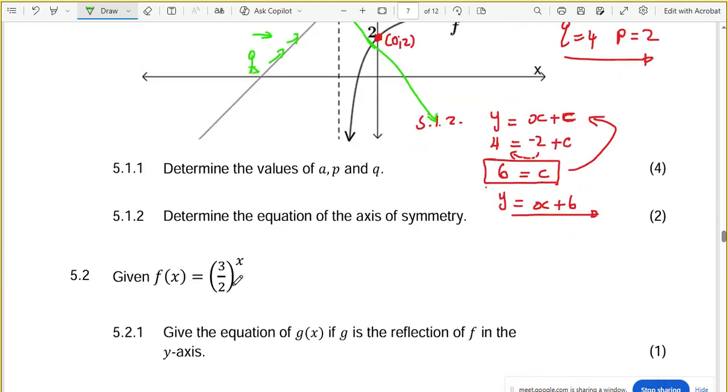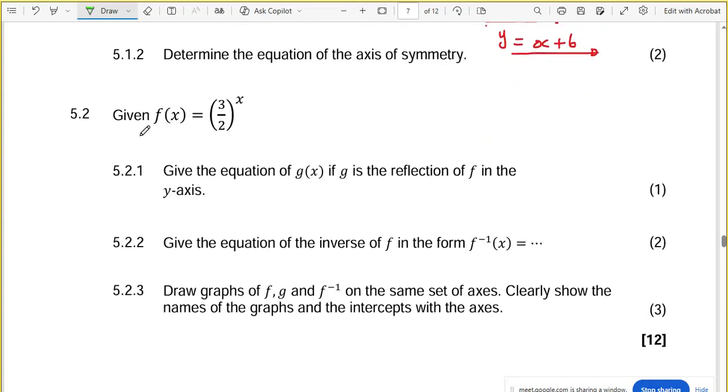Yes. Okay, so now this is a different question. 5.2, let's say we are given f at x, which is 3 over 2 to the power x.